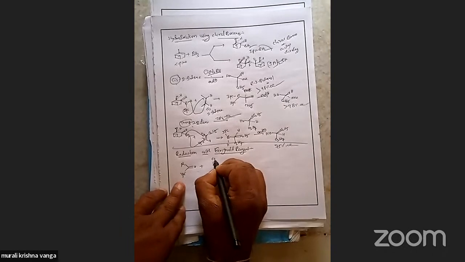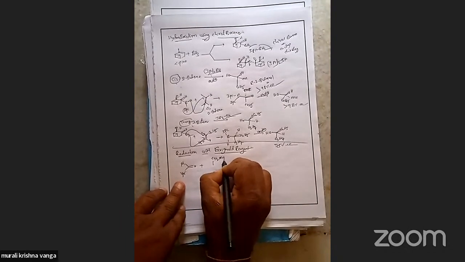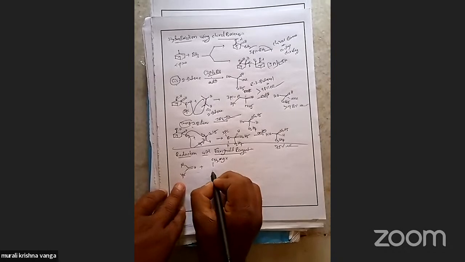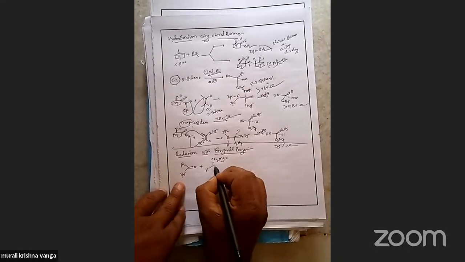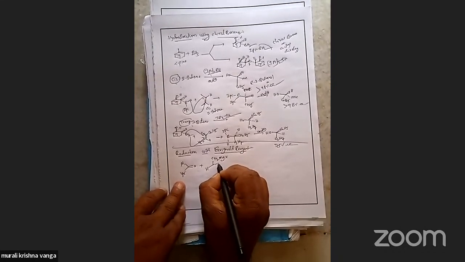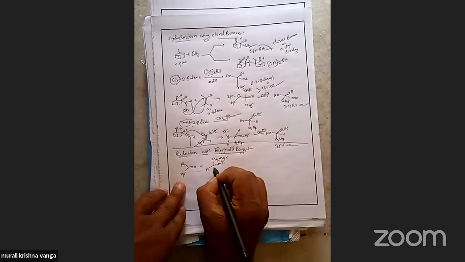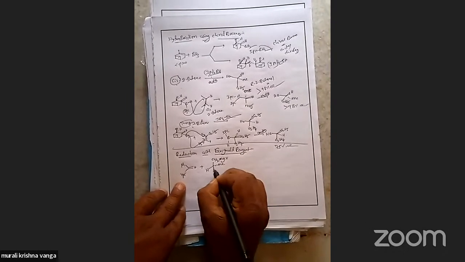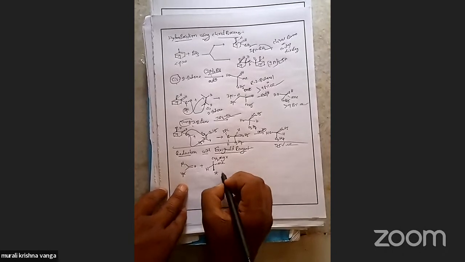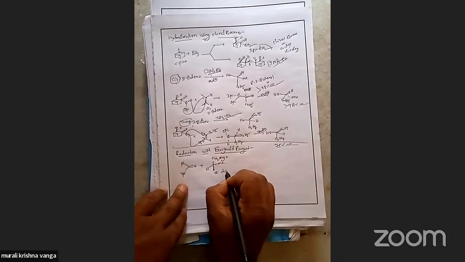We take a chiral Grignard reagent. This is a chiral Grignard reagent.